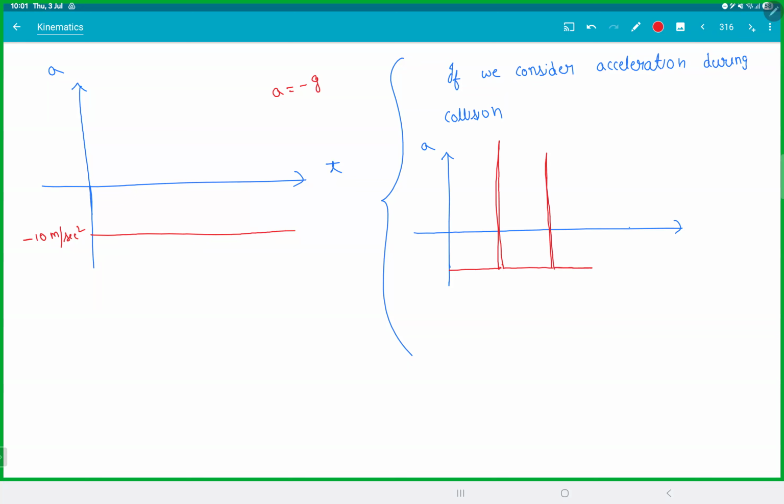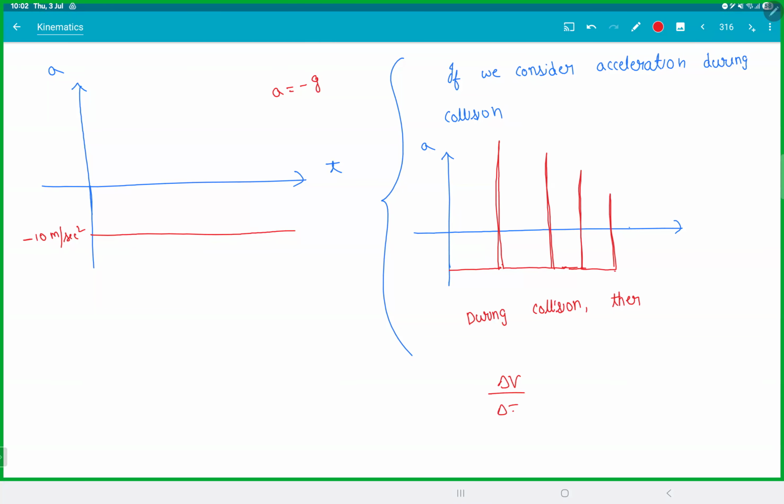So you'll get the spikes. The spikes are the collisions. During collisions, there's a huge acceleration for a small time. We neglected that, so technically we don't draw it on the graphs, but if you actually consider them, this is how the graph would have looked. You're hitting the floor in a very small time and then bouncing off, so there's a huge change in velocity in a very small time.